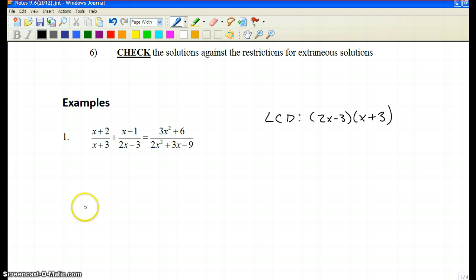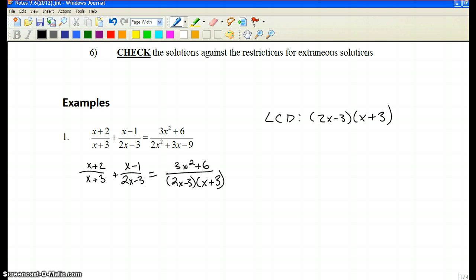So I'm going to write that step down. We carry over everything down here, and we factor the denominator. We actually don't need to factor the numerators at all because we're going to want them multiplied out anyways.